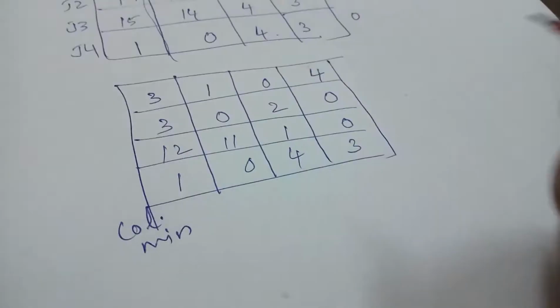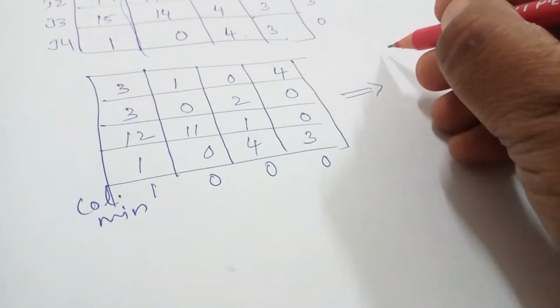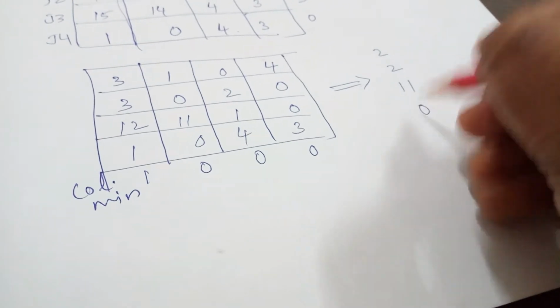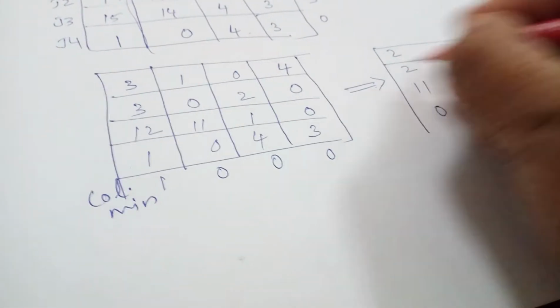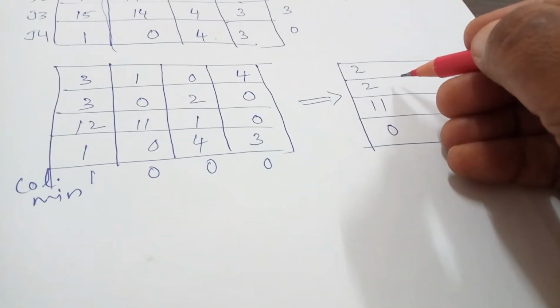Now you find the column minimum. The column minimum of the first column is 1, 0, 0, 0. As we know, when 0 is subtracted, nothing will happen. For others, it will be 2, 2, 11, 0. We are subtracting the column minimum value from each value.